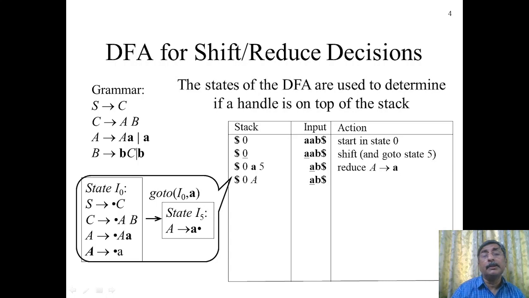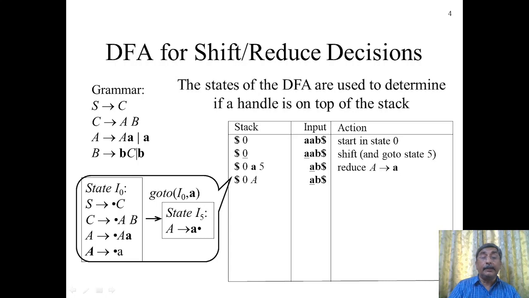Now the next question is, if my stack top is capital A, that is not the norm. The norm is that my stack top should be a state number, not a non-terminal or a terminal. So what does it indicate? It indicates that your current state is determined by going to state 0 and then finding out where capital A takes you.